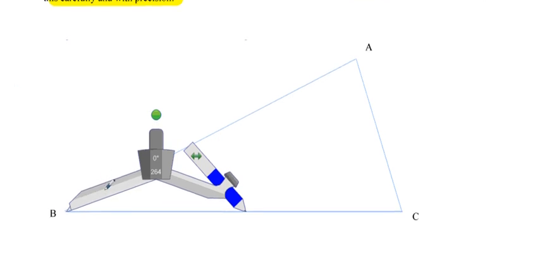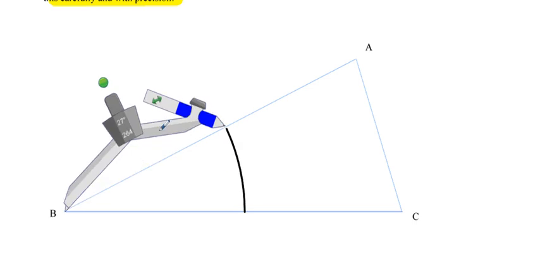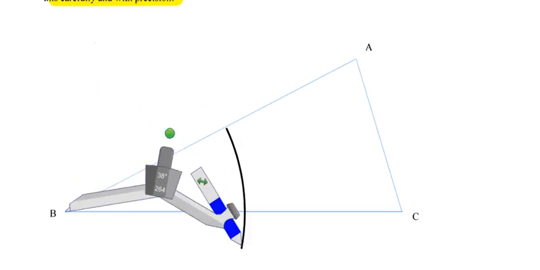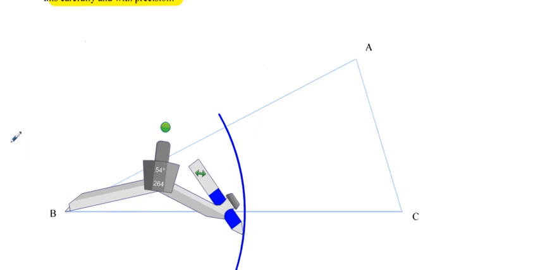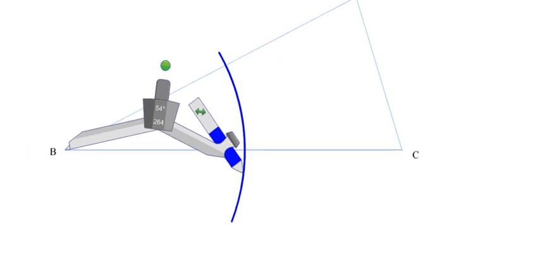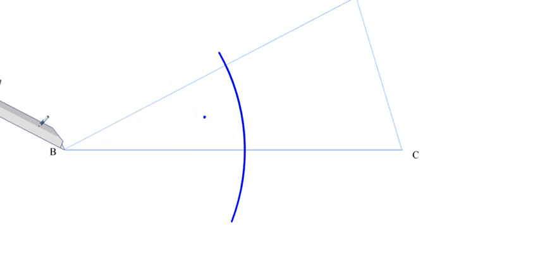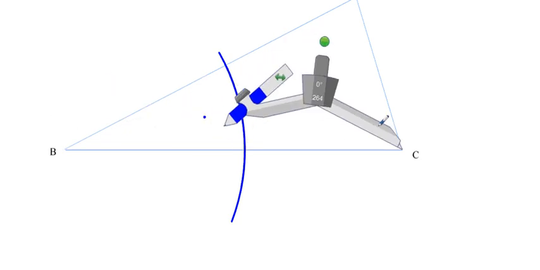So I'm going to go ahead and start out by constructing the perpendicular bisector of segment BC. And in order to do this, I'm going to make sure that the point of my compass starts exactly on point B. And because I'm going to be constructing 3 different perpendicular bisectors all within the same triangle, I may do all my constructions for segment BC in blue, and then do all my constructions for segment AC a different color, and all my constructions for segment AB a third color.